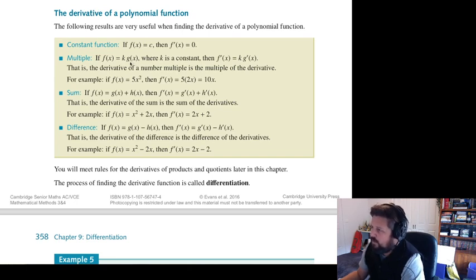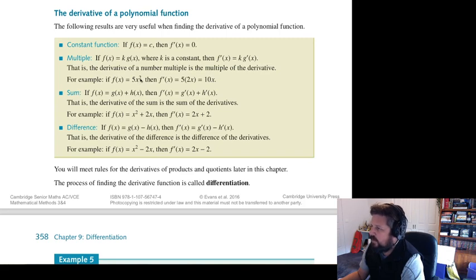So in this particular case, if you had f(x) equals 5x squared, 5 is a constant value that can obviously be pulled out the front, and then you are just finding the derivative of the x squared part, the other function, which is g(x). So f'(x) is the same as pulling 5 out at the front and finding the derivative of this g(x) part.